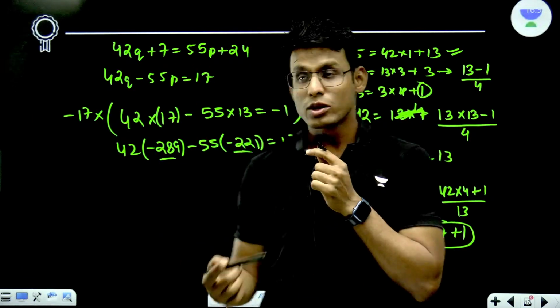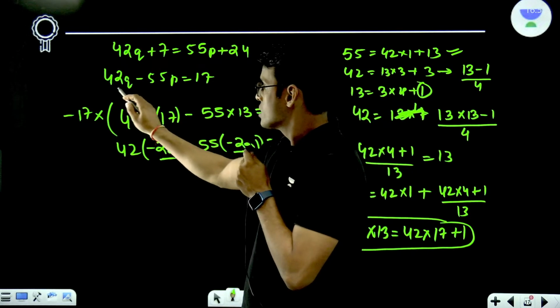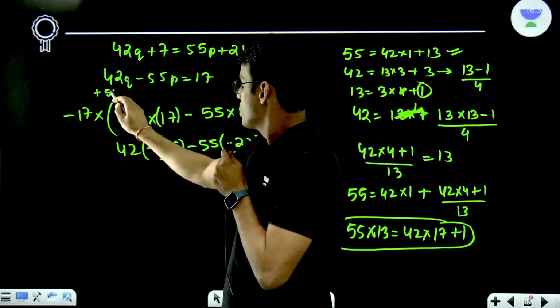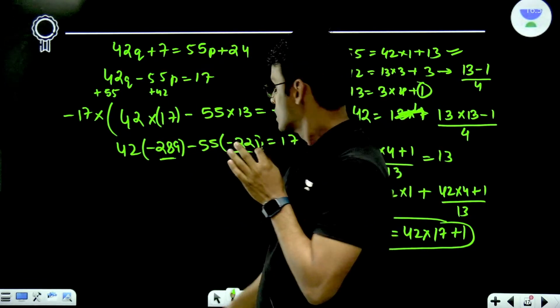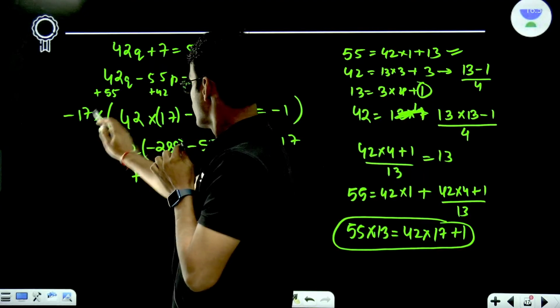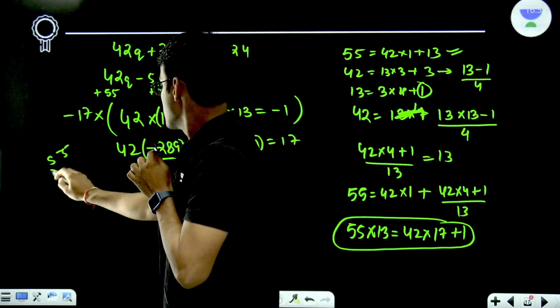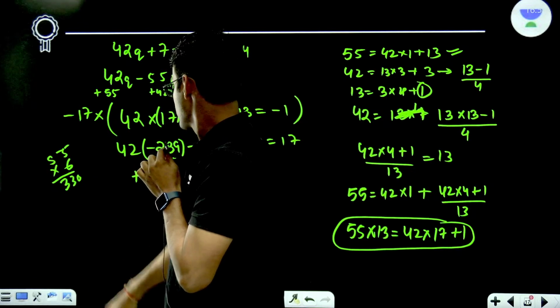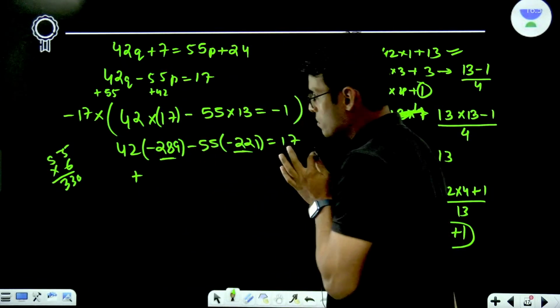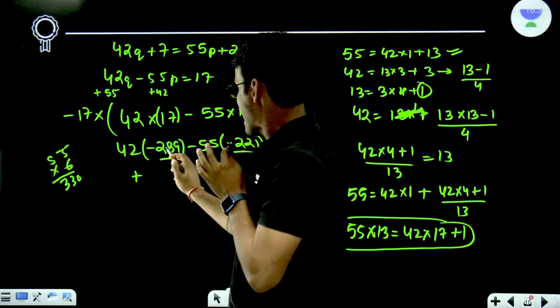Now to get the next solution, since the fraction is here, I just have to add 40. So let me add 55 times 6 here. 330. This becomes 330. So let me add 330.